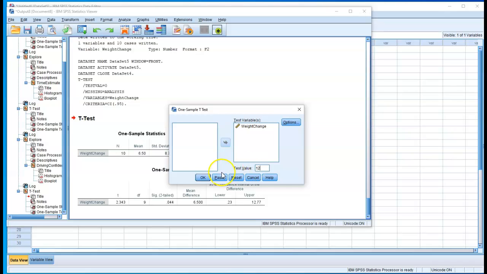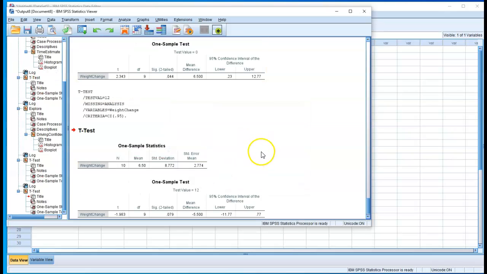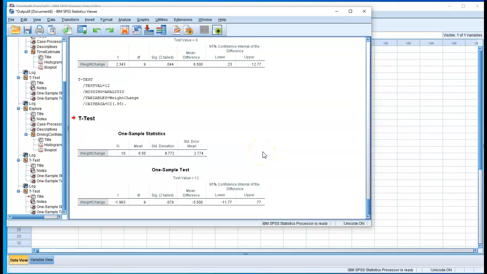And now when I run this analysis, I get a very different pattern to look at, in that my mean is still 6.5, but I'm comparing it to the 12. My t is negative 1.98 with a p of 0.08. Right? So that's sort of weak evidence against the null hypothesis there, in that our mean difference is negative 5.5.